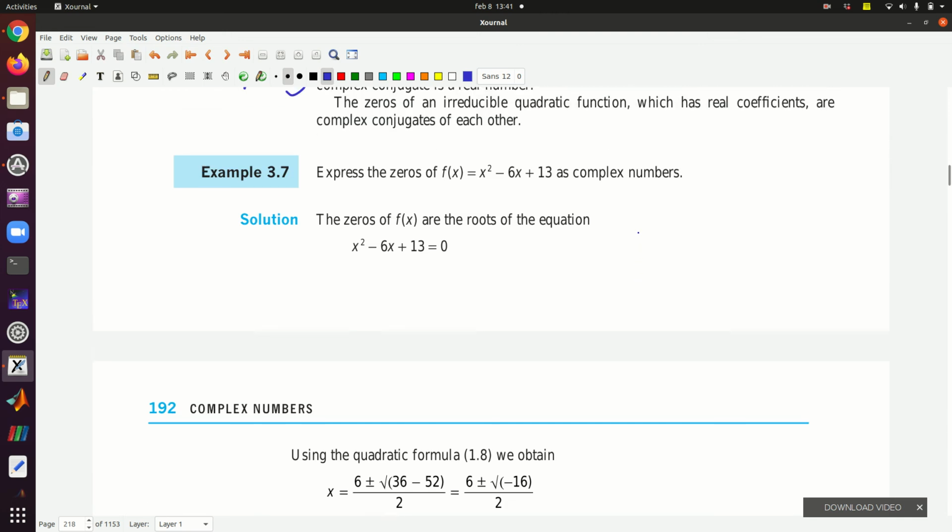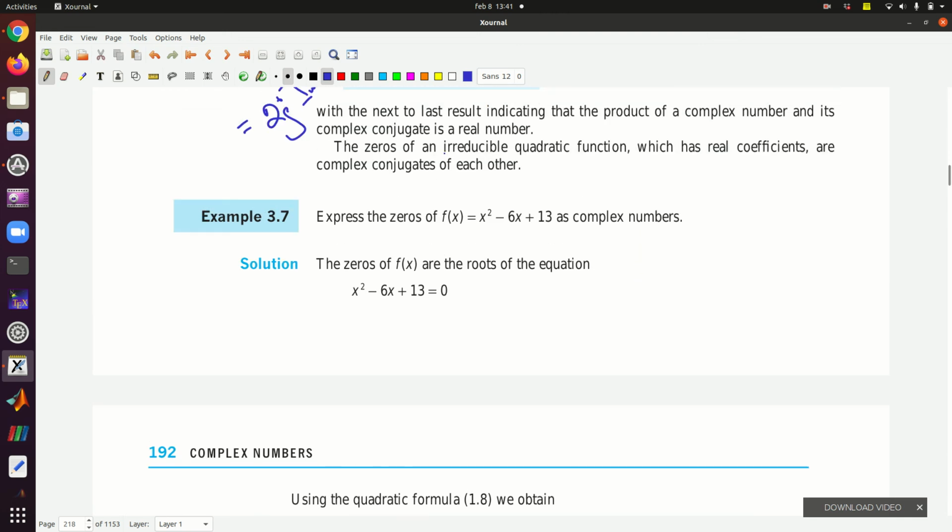They say that the zeros of an irreducible quadratic function which has real coefficients are complex conjugates of each other.